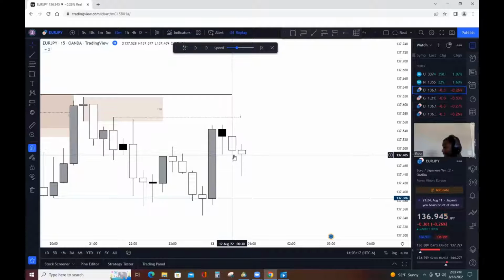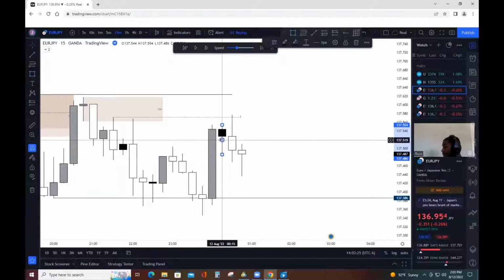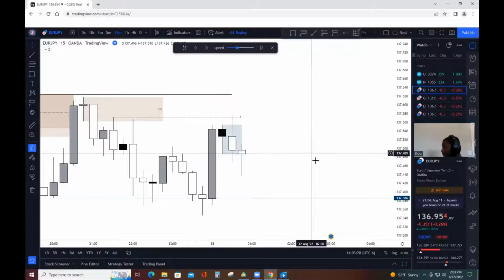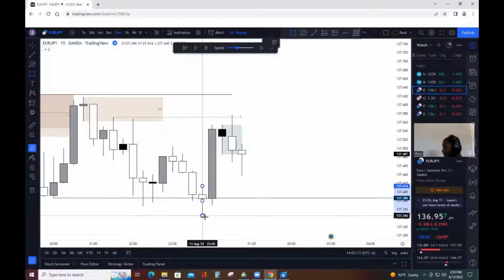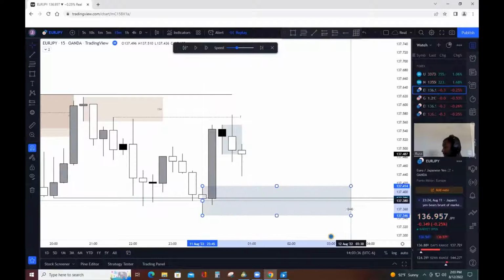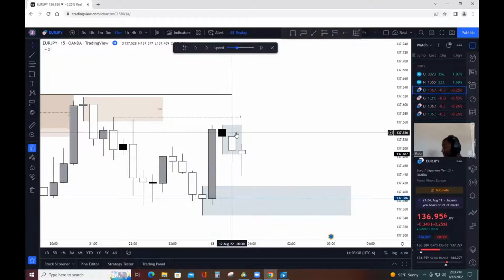Sweep happened. Demand failed. This was the next demand. So if we go down into this, it's a no-go. So yeah, so sweep happened. If we go down in here and come back up, I'm not shorting from here.